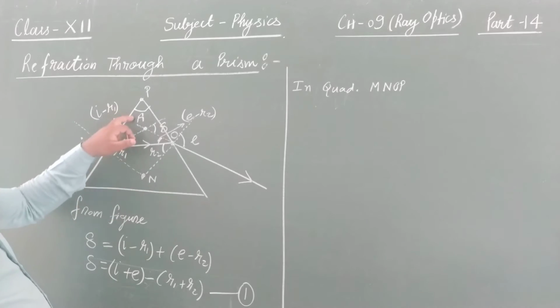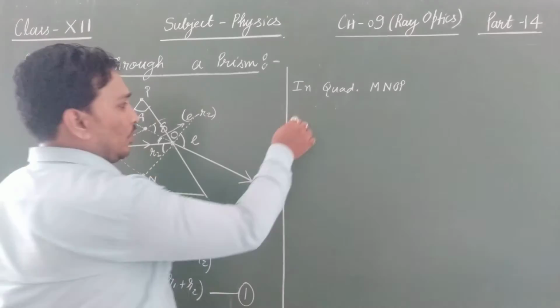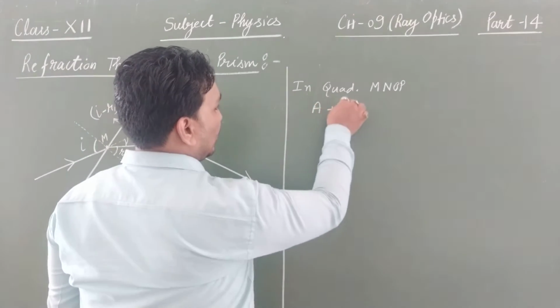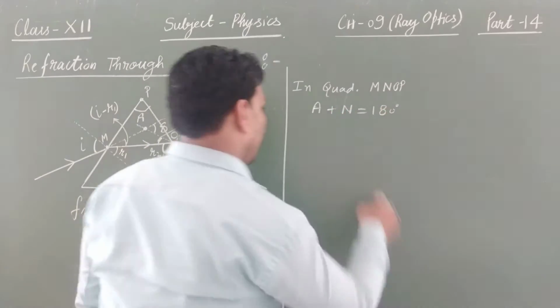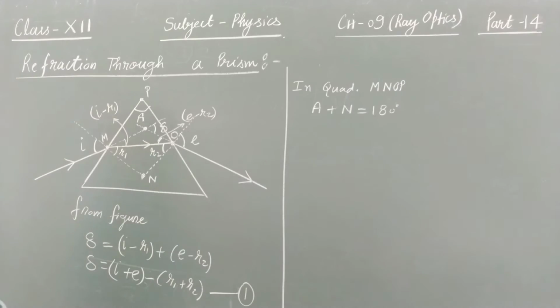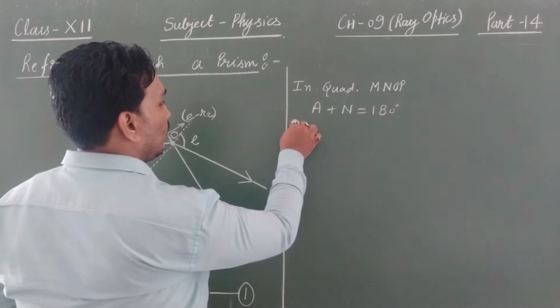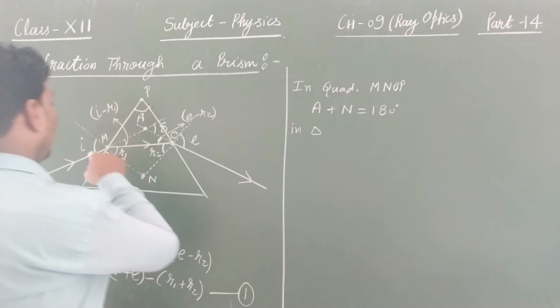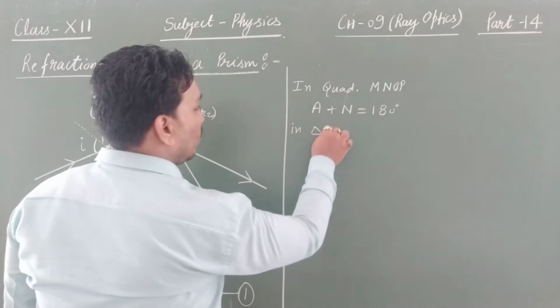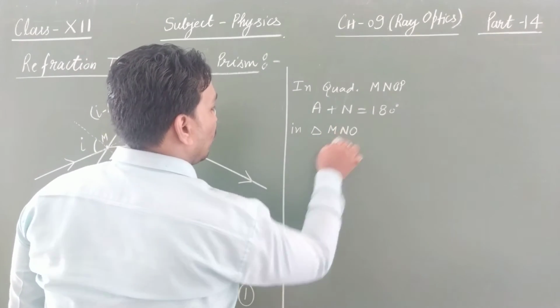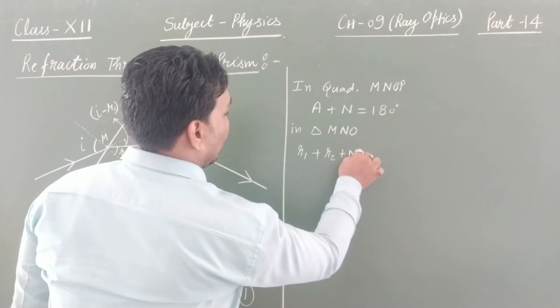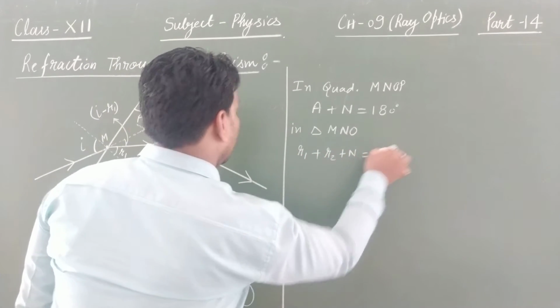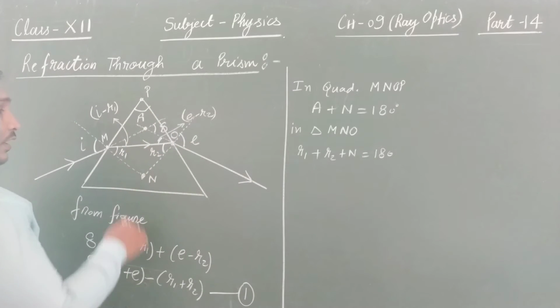Two angles are left. One is A and one is N. So in the quadrilateral, we can say A plus N must be equal to what? 180 degree. But for N, again in the triangle, we can say angle R1 plus angle R2 plus angle N is equal to 180 degree, because these are the angles of a triangle.